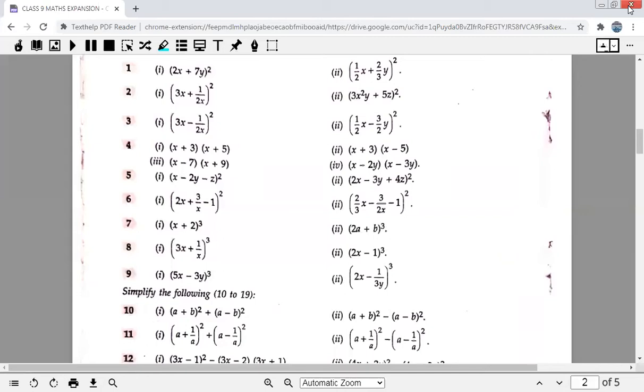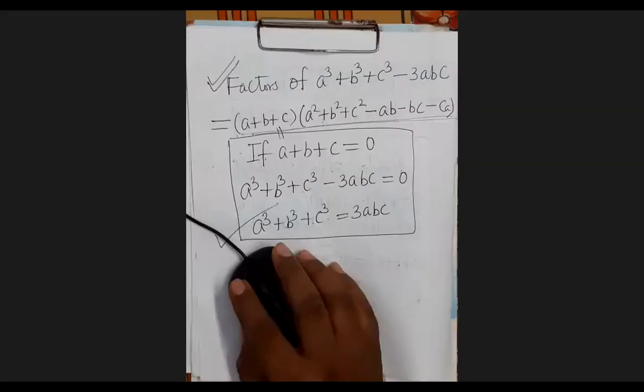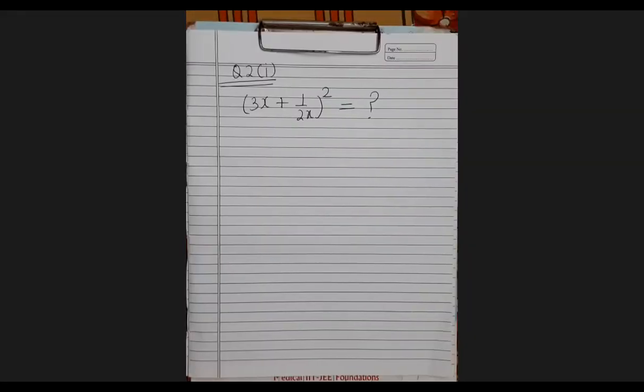By which formula will you do this question? So you can see here. By which formula will we do it?